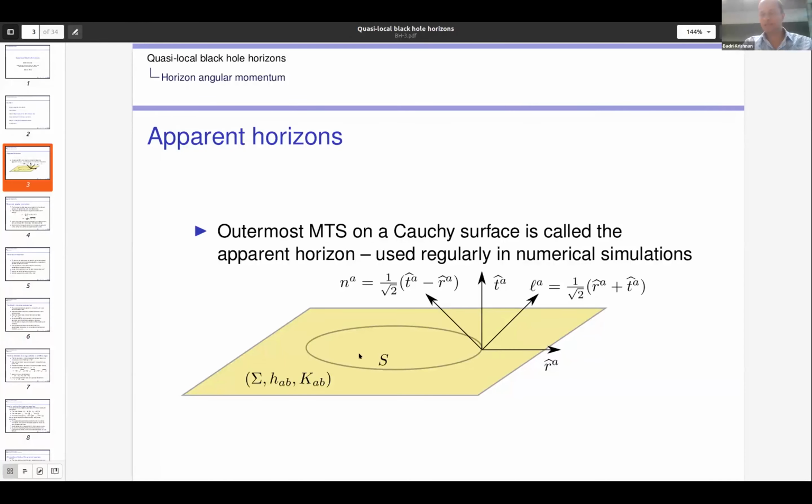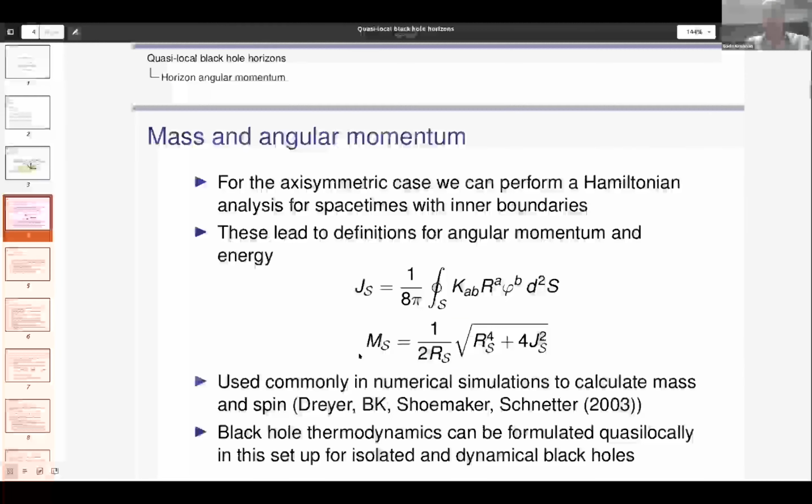So it is a very short calculation, in fact, to convert the formula we had before in terms of omega. And it leads to a very nice and convenient result, which is useful for numerical relativity, which is that you write the angular momentum of the surface S as this combination here.